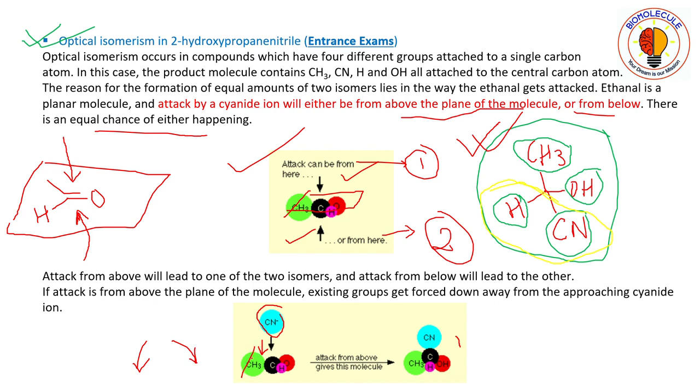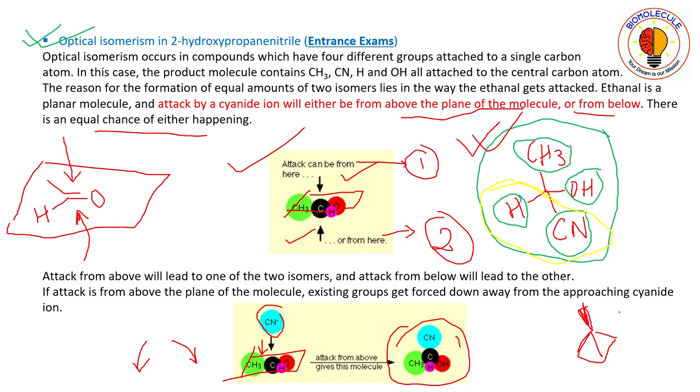This one was planar and now it is a tetrahedral intermediate. In a tetrahedron one bond is above and 3 others are like this, forming a pyramidal base, with this one above the plane.